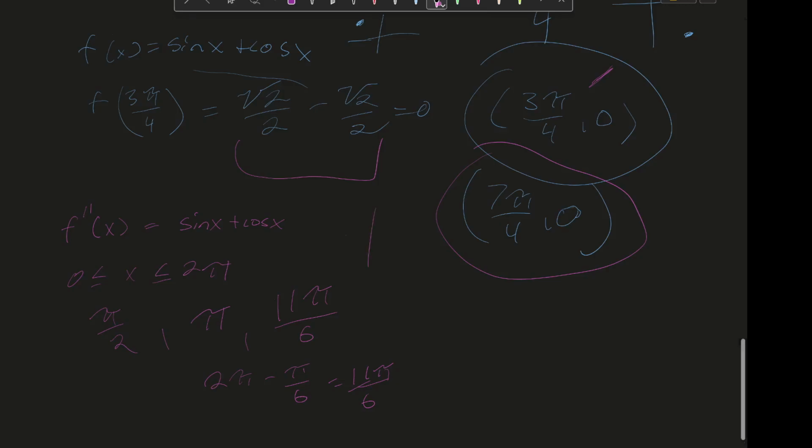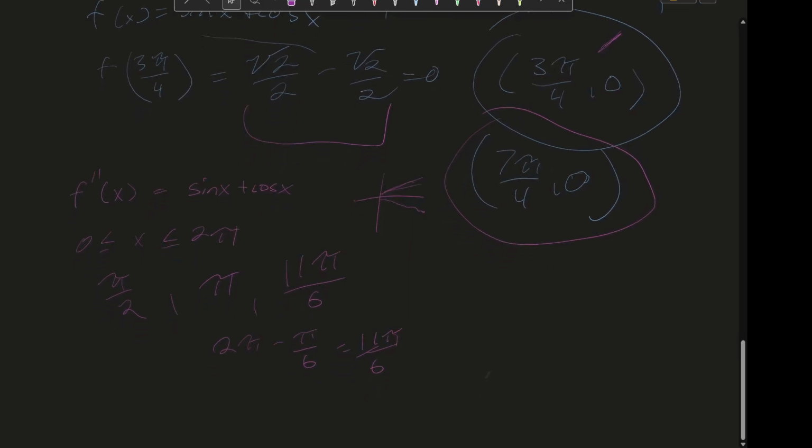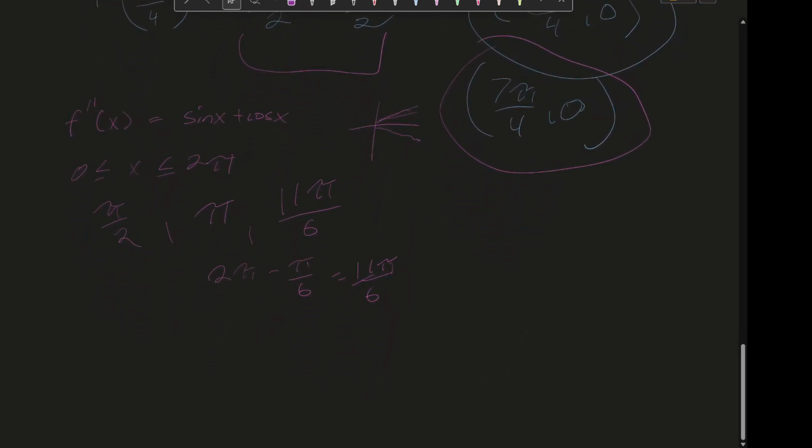But if you have your unit circle, this is pi over 6, the first one, and then the same thing reflected this way. That's your negative pi over 6, or your 11 pi over 6 reference angle. So that's not too bad. Now let's check the second derivative at pi over 2.